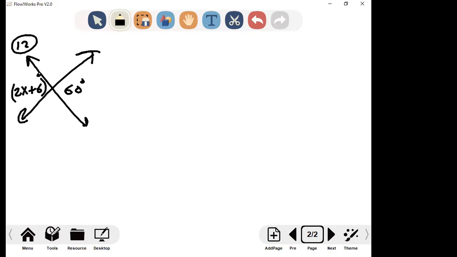Identify the student's error and correct it. They wrote the solution of the student. See it in front of you. The student wrote 2x plus 6 plus 60 all equal 180. Is this correct? Depending on your figure in front of you.